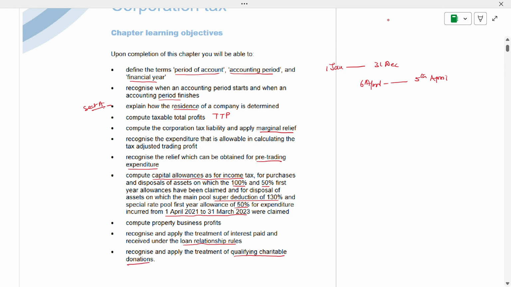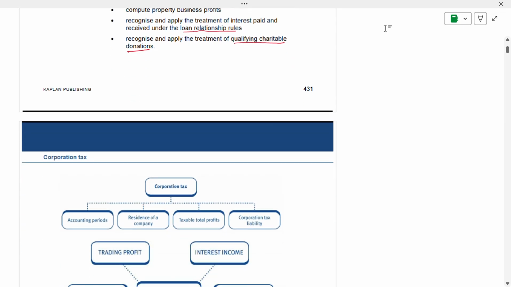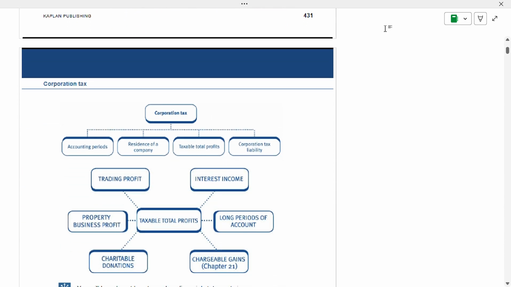We are completely shifting from one gear to another gear, from one canvas to another canvas. Corporation tax accounting periods: how we are going to determine the residency, TTP, total taxable total profits, and corporation tax liability.